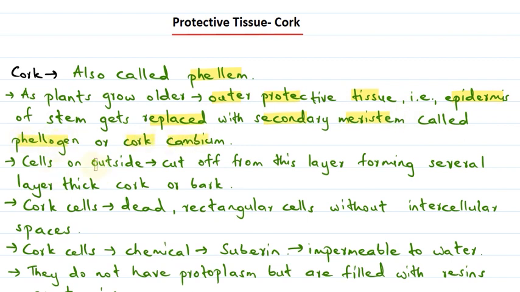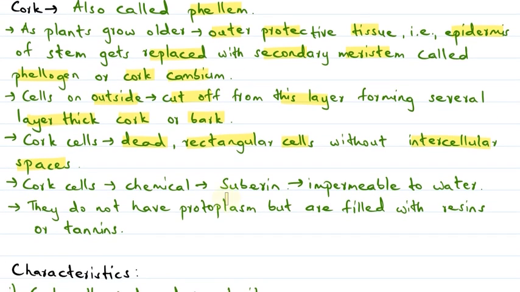The cells on the outside are cut off from this layer and form several layers thick cork or bark. Cork cells are dead and rectangular cells which do not have intercellular spaces because they are compactly arranged. They have a chemical substance known as suberin that makes these cells impermeable to water, and they do not have protoplasm but are filled with resins and tannins.